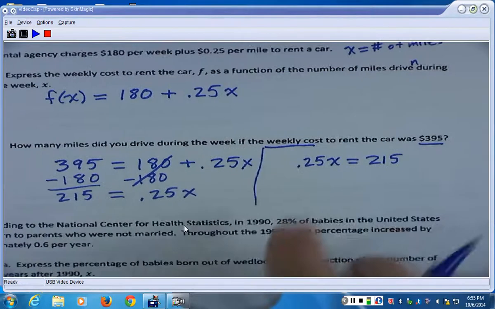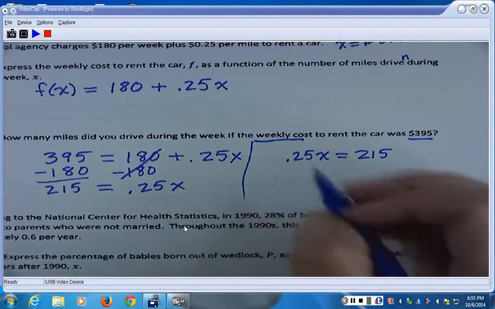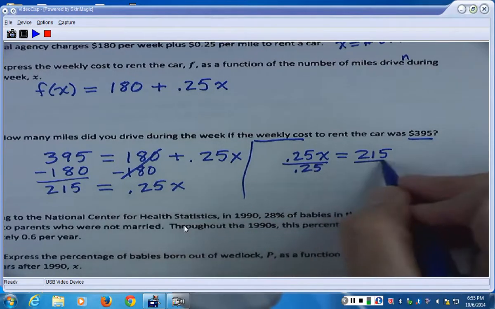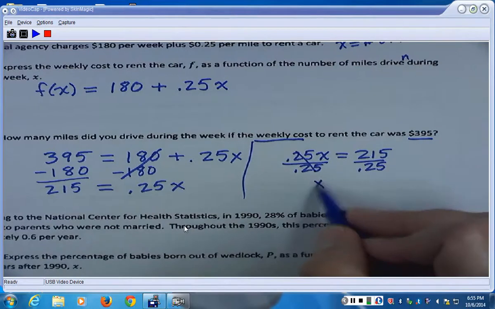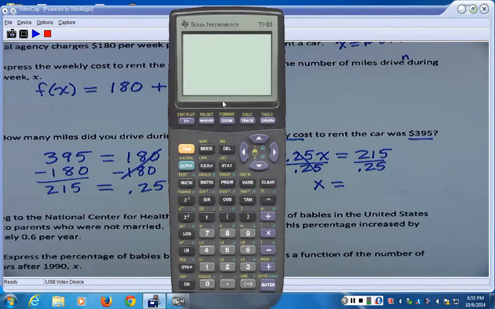You're multiplying by 0.25. What do you have to do to get rid of that in front of the x? You divide. If you divide one side by that, you're going to divide the other. So x equals 215 divided by 0.25, which when you divide by a small number like that, you're going to get a bigger number.